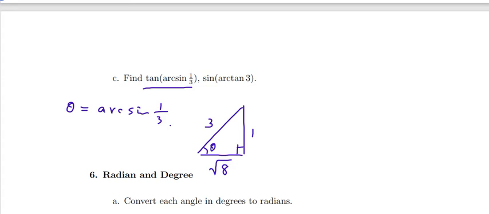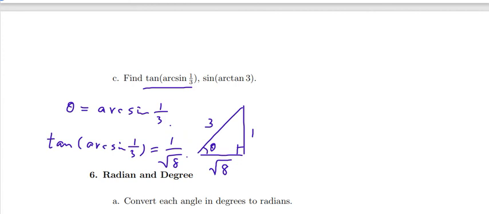So to find tangent of arc sine 1/3, we can get this value directly from the triangle. So this equals 1 over radical 8, right?